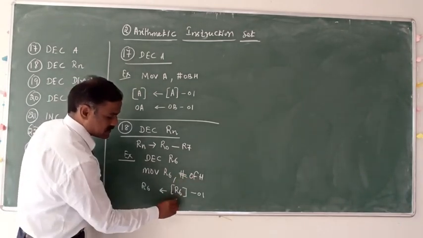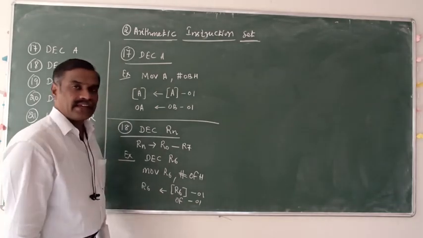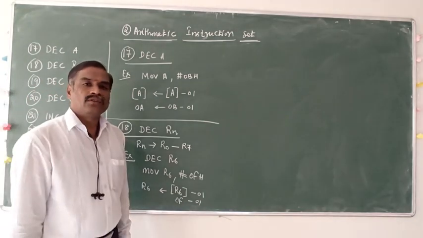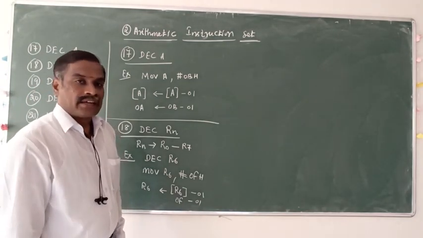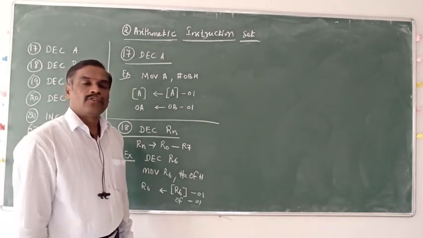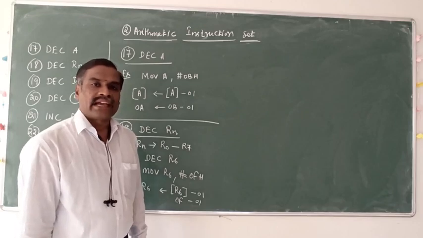R6 register data 0F minus 01. 0F in hexadecimal and corresponding decimal value 15. 15 minus 1 is 14. 14 in decimal, what will be the corresponding hexadecimal value?